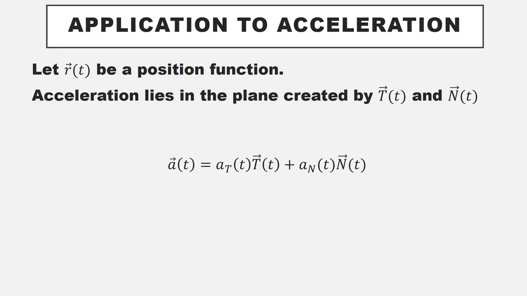So I can break the acceleration vector into two orthogonal components, one which has a coefficient times the unit tangent vector, and the other which has a coefficient times the unit normal vector. So I can break down acceleration into two orthogonal components.